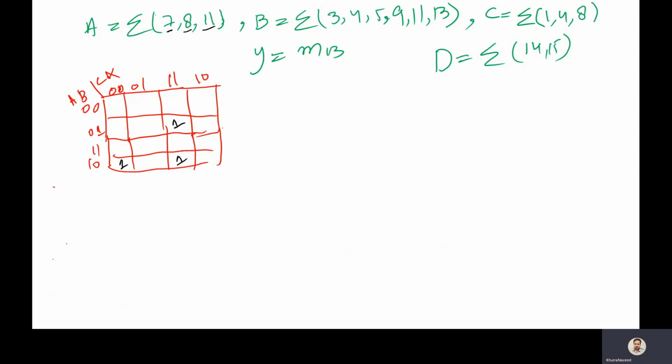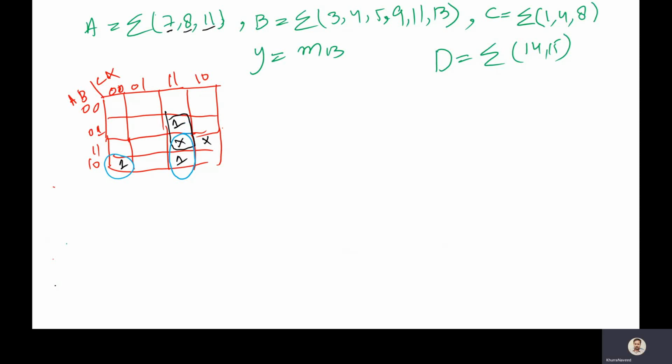So this is 15, and this is 14, right? So from here we see we have these two pairs, right? And this is alone, right?